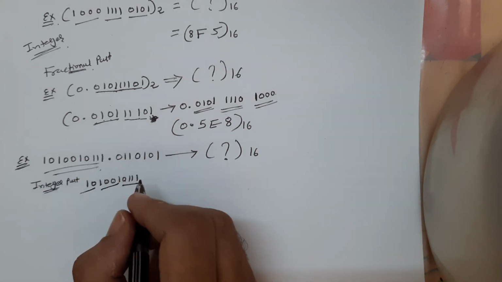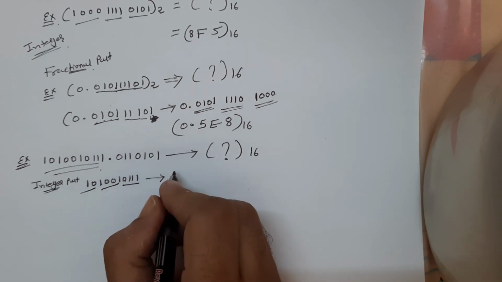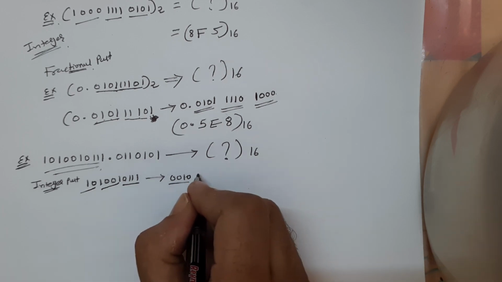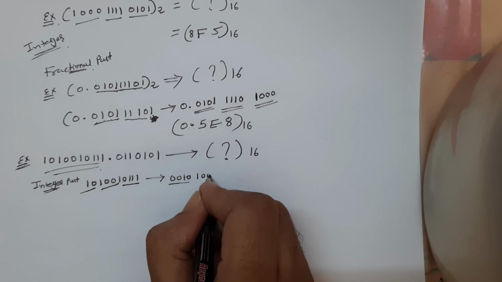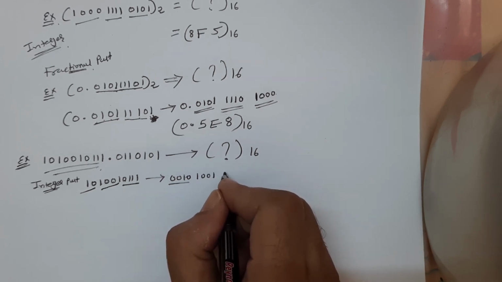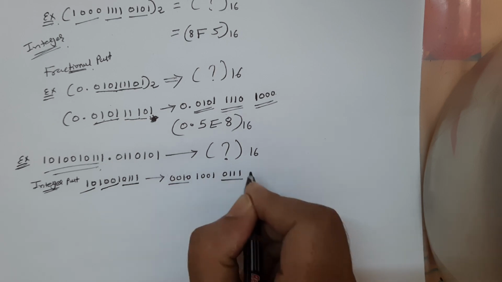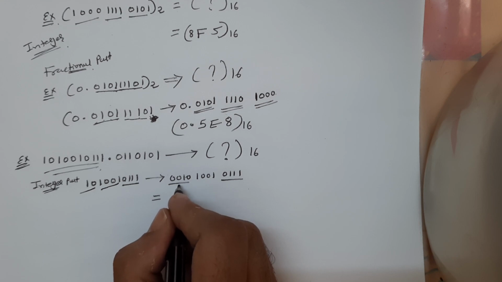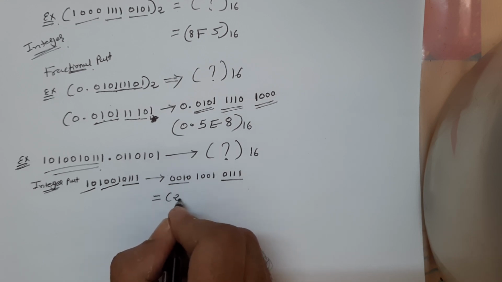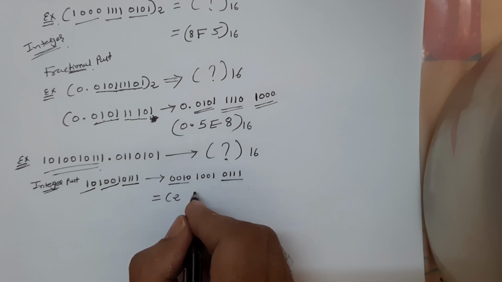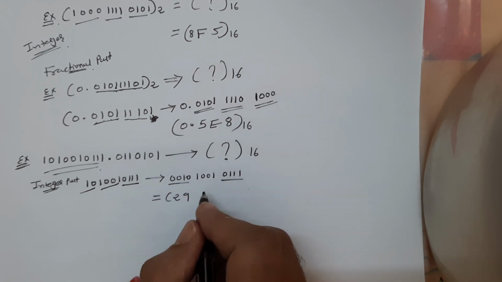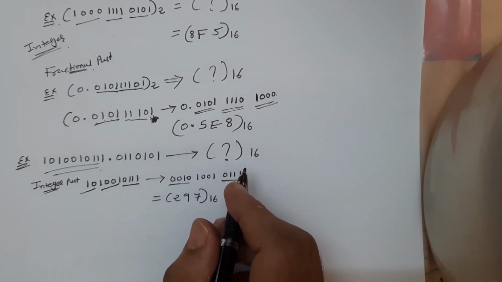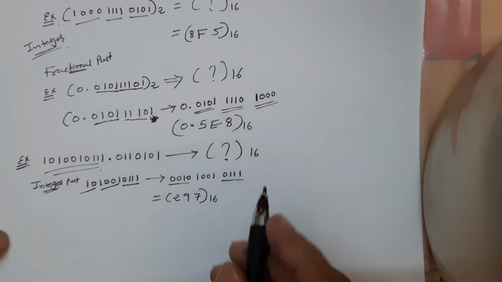So we convert this like this: 0010, 1001, and 0111, right? So this is equal to 2, this is equal to 9, and this is equal to 7, and this is equal to hexa. Here by adding 2 zeros to the left.